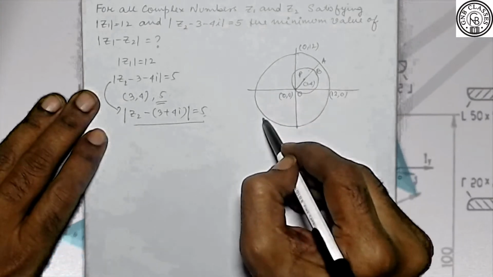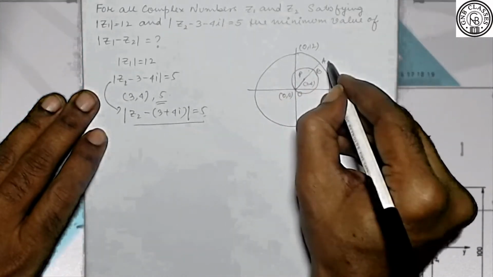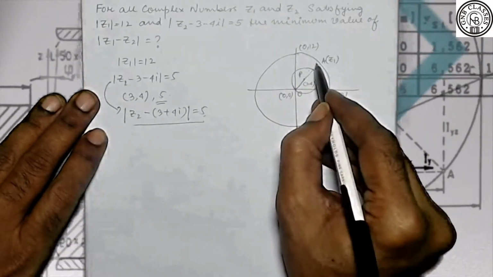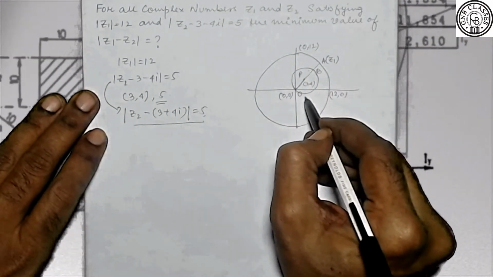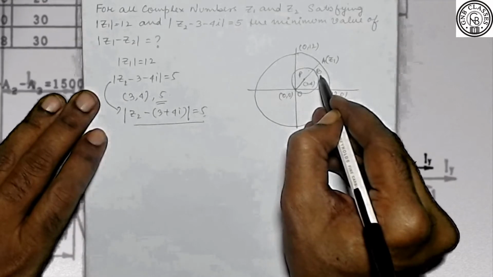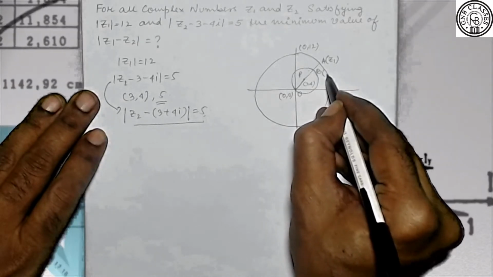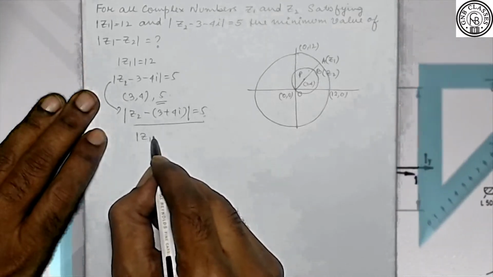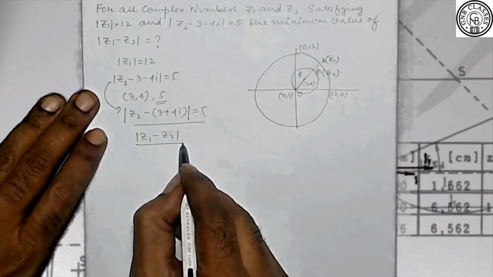z1 is any point on this circle. Let us assume that z1 is point A and z2 is any point on this circle. Let us assume the point B is your z2. Now, the minimum value of mod of z1 minus z2. What is mod of z1 minus z2?